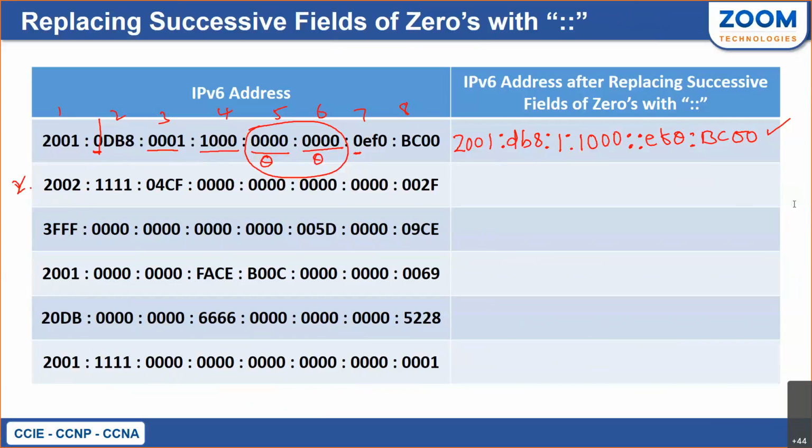Right, Geeta, perfect. Mansi, again you are making some mistake. Please check it. You have used 4 colons, 3 colons. Very wrong. For multiple fields, only a double colon. Don't use 3 colons or 4 colons. Okay?